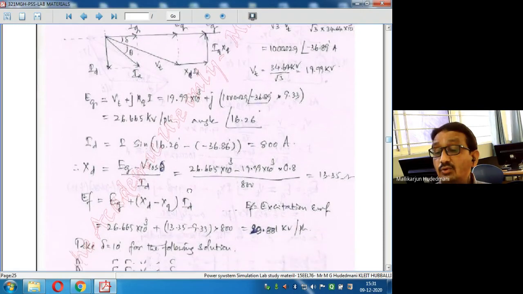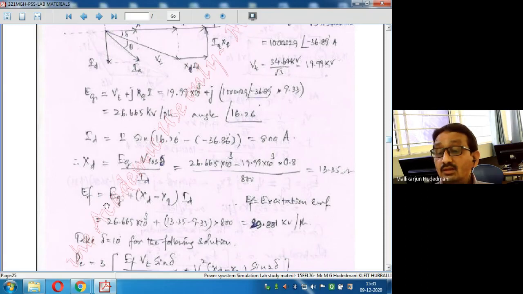Once I am able to get that, look into the problem. The excitation EMF in the synchronous generator is EG plus XD minus XQ into ID. So I wrote here EF is the excitation EMF per phase, which is 26.665 kV plus the difference between XD and XQ.